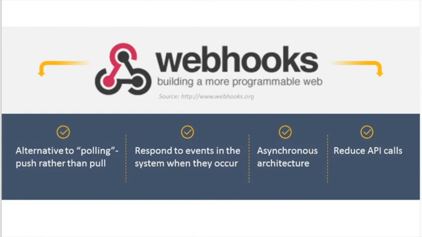In a perhaps more technical explanation than I just gave: building a more programmable web, an alternative to polling. So do you have anything? Do you have anything? This is polling. So a push rather than a pull, allowing systems to respond to events when they occur, basically an asynchronous architecture, and reducing the number of API calls.